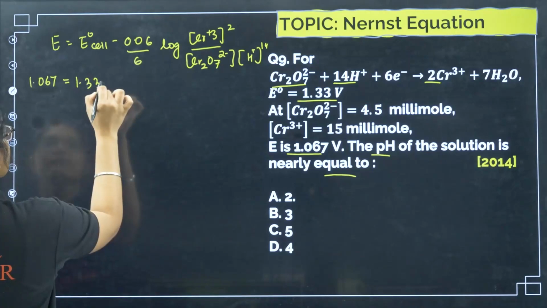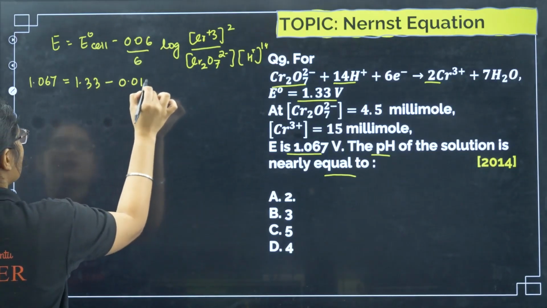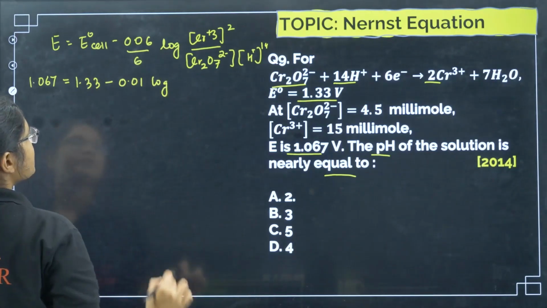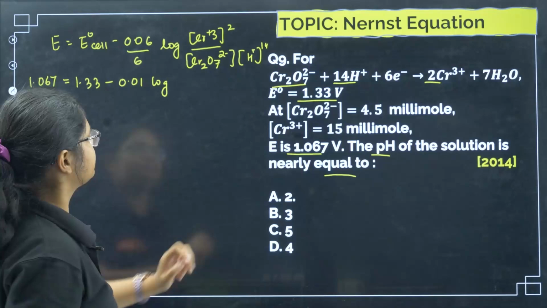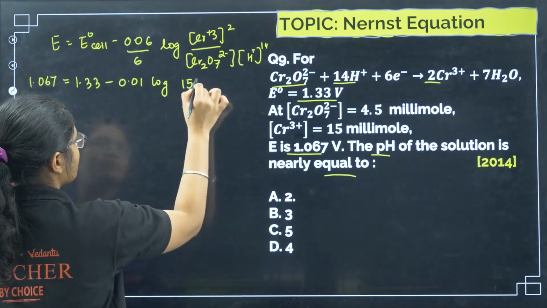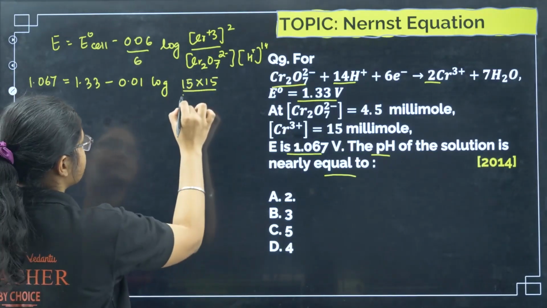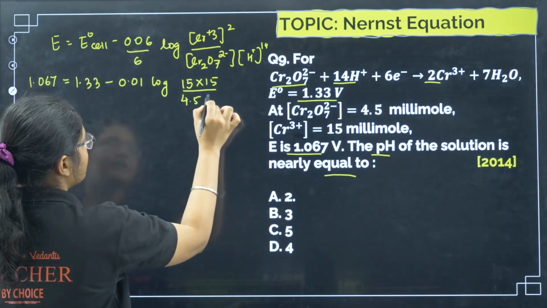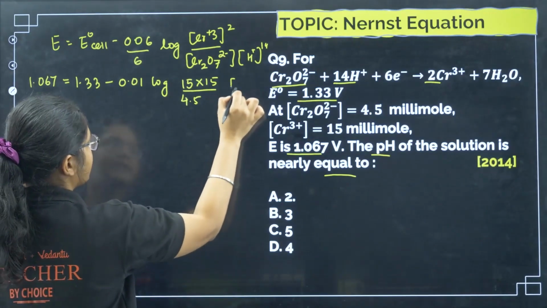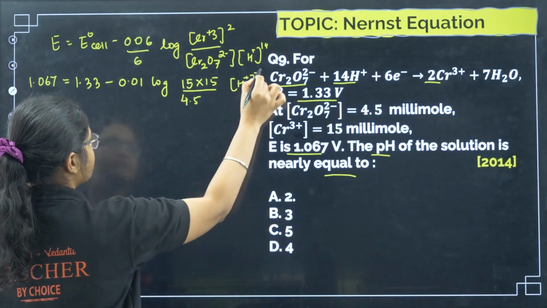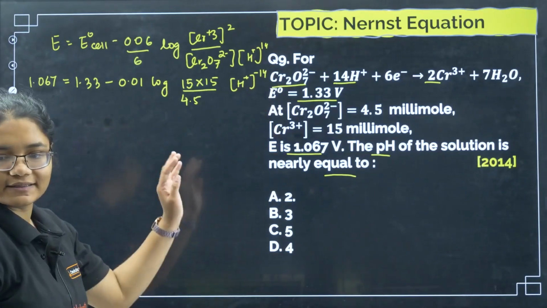1.33 minus 0.01 log of Cr3 plus, that is 15, and here I have Cr2O7 4.5 into H plus to the power of minus 14, okay, that is there.